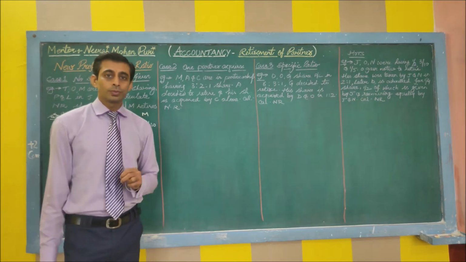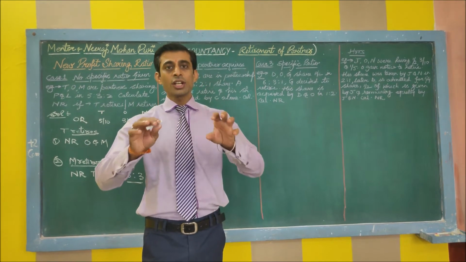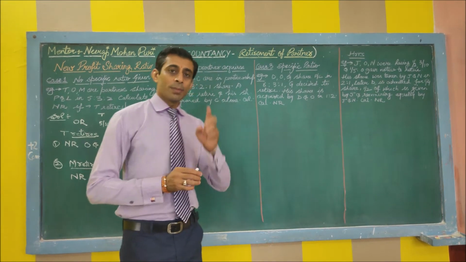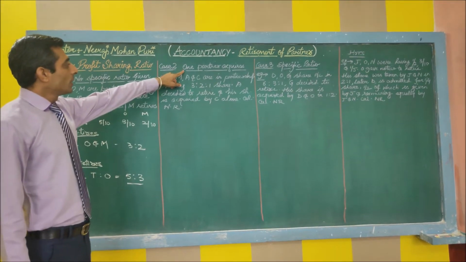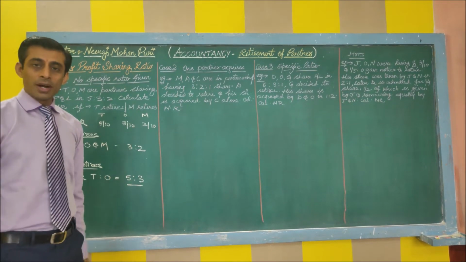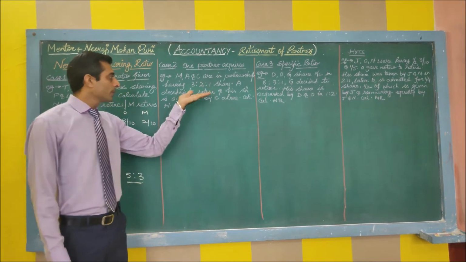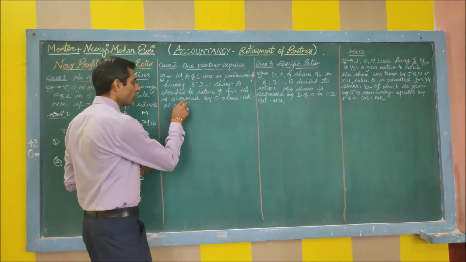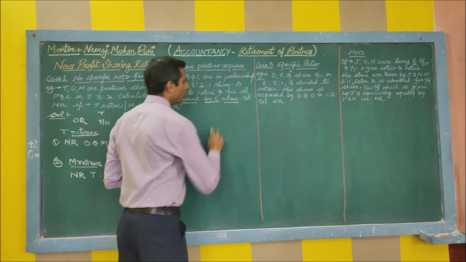Case number 2. When one partner retires and his share is acquired wholly or partly by only one partner. For example, A, M, C are 3 partners. Their profit and loss sharing ratio is 3:2:1. A decided to retire and his share is acquired fully by C alone.